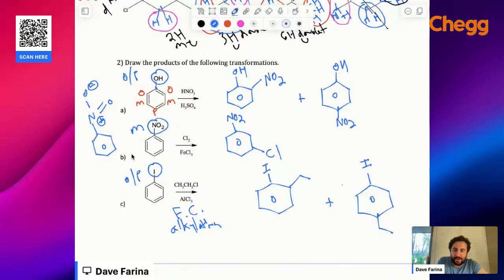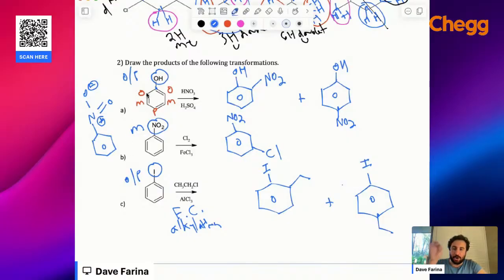So if it's withdrawing electron density from an already unstable positively charged intermediate, that is going to be worse for ortho-para. So basically, the meta directors make ortho-para substitution less energetically viable, right? It makes the intermediate less stable, whereas that destabilizing effect does not occur through the meta substitution pathway. So meta will dominate there.